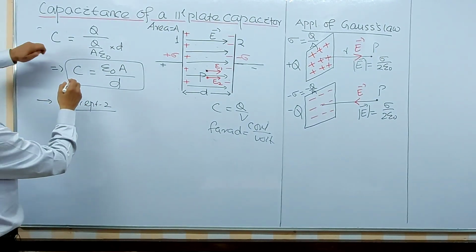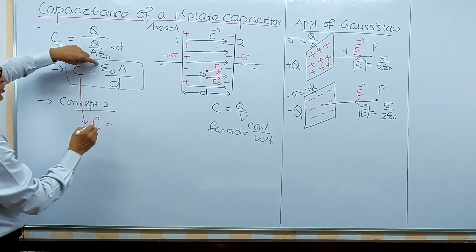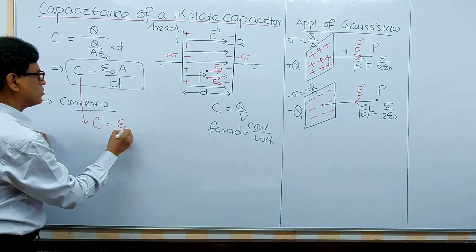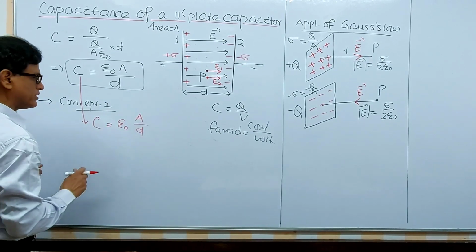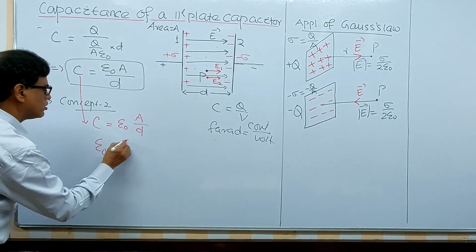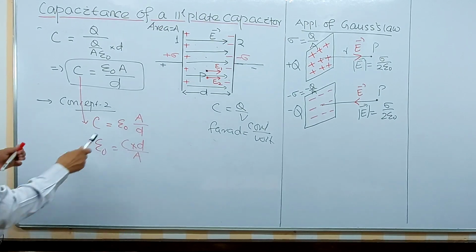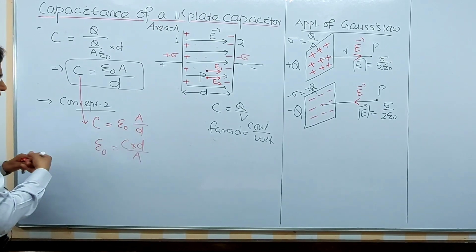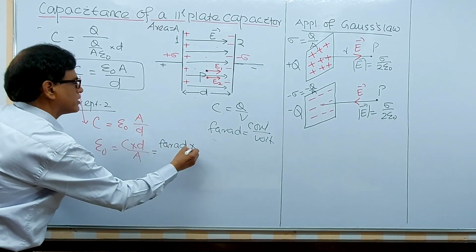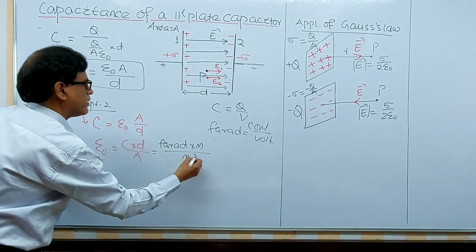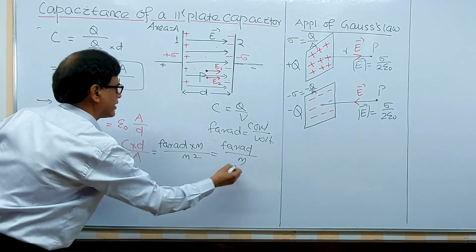Here, the capacitance C equals epsilon 0 A upon D, so from this epsilon 0 is equal to C into D upon A. Now here the unit is Farad into meter by meter square. That's why you can write Farad per meter.